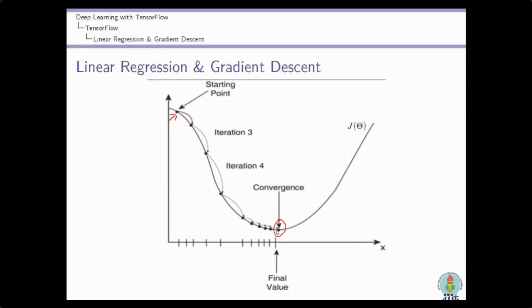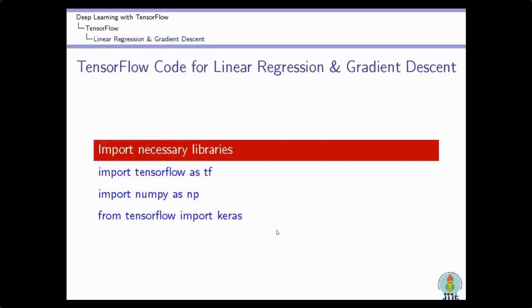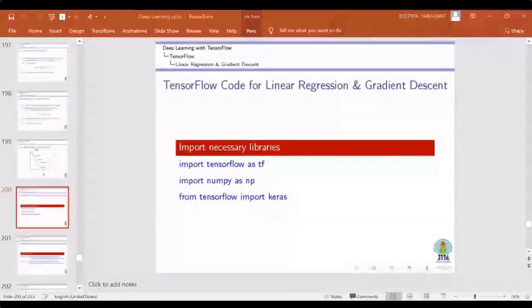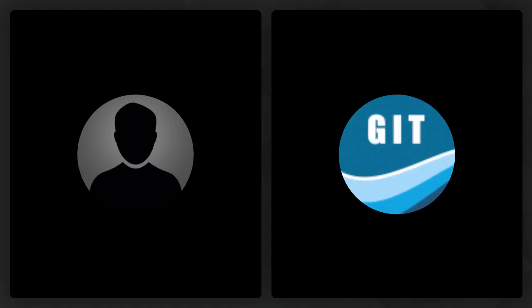So here we are trying to implement this linear regression gradient algorithm using TensorFlow. Okay, so now let's go to TensorFlow and try to implement this one. Let me share the complete screen first. I will share this.